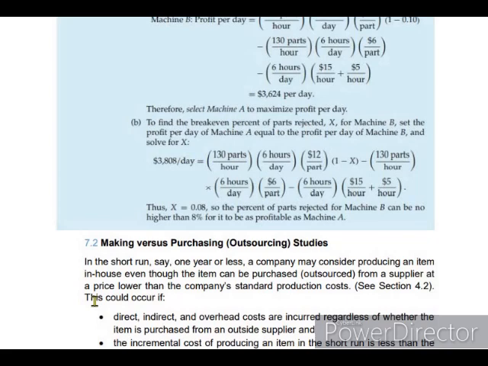So set the profit per day of machine A equal to the profit per day of machine B and solve for X. This is the profit per day of machine A. We will set it equal to the computation of profit per day of machine B, and it is the same as the computation in the previous example.